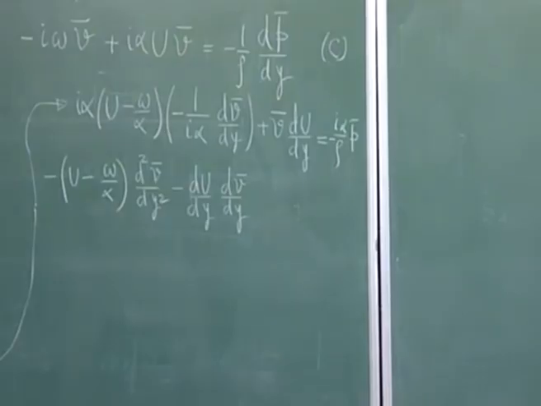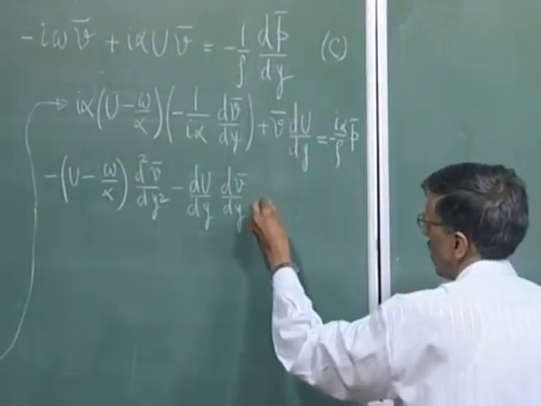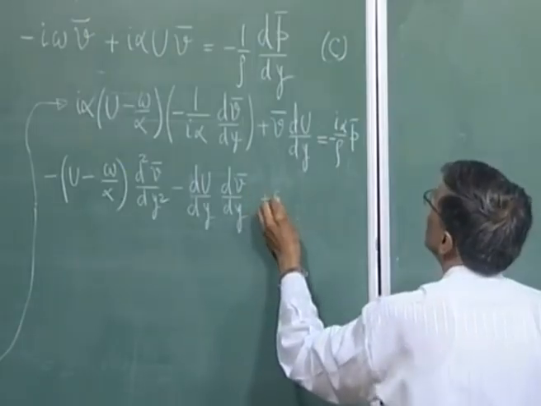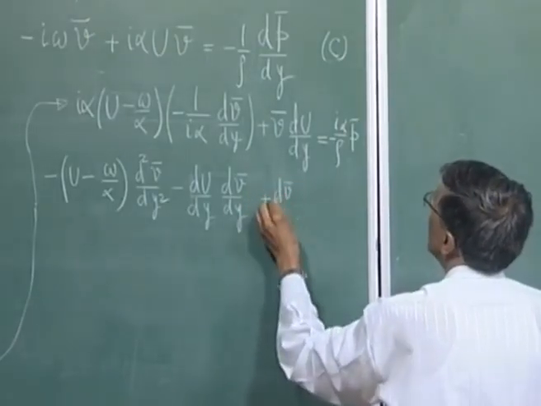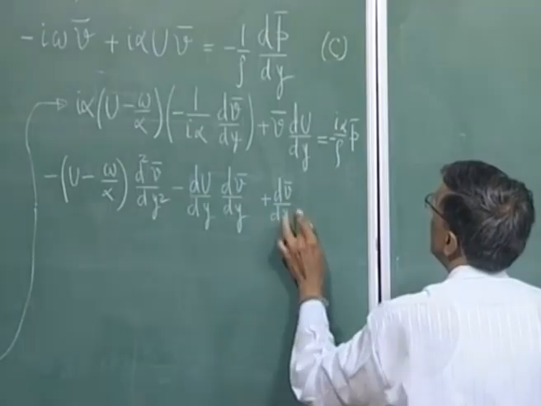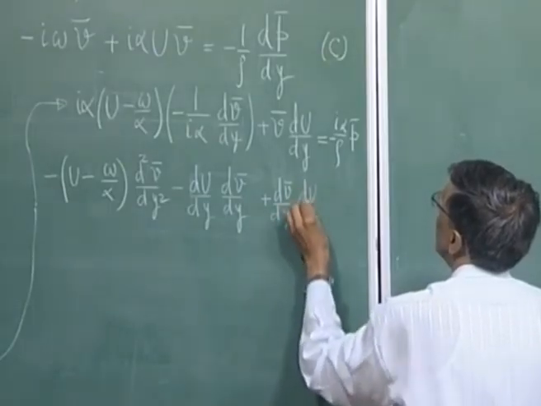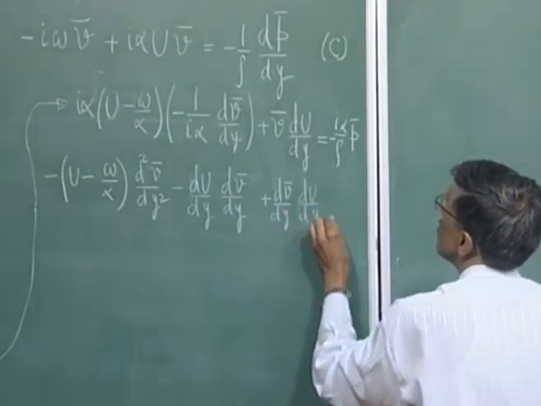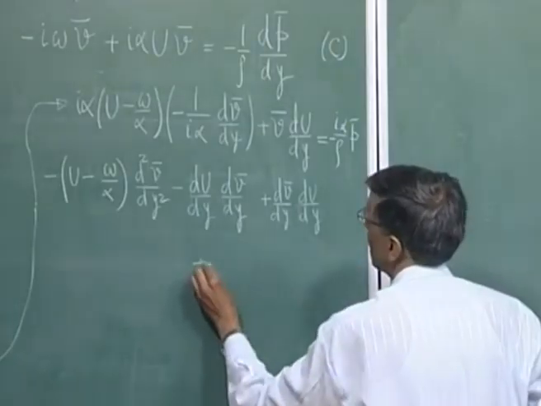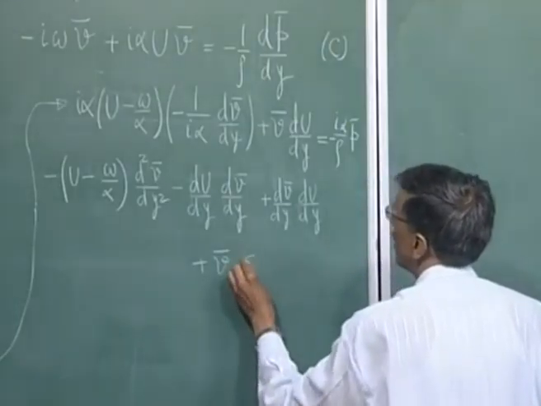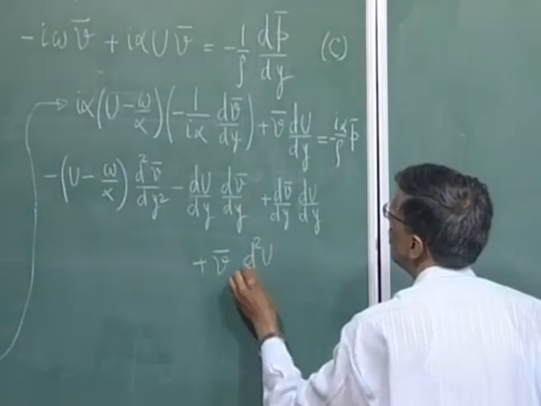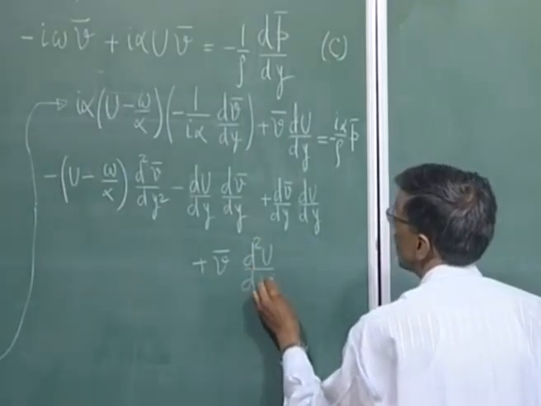What about here? From this, I will get dv bar dy times du dy, and then I have another term, v bar d2u dy square.